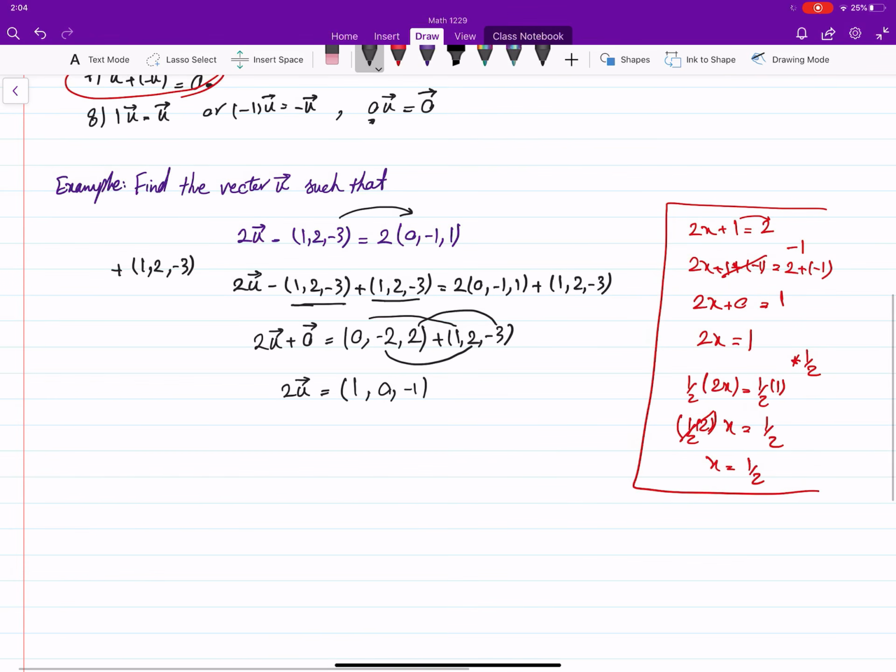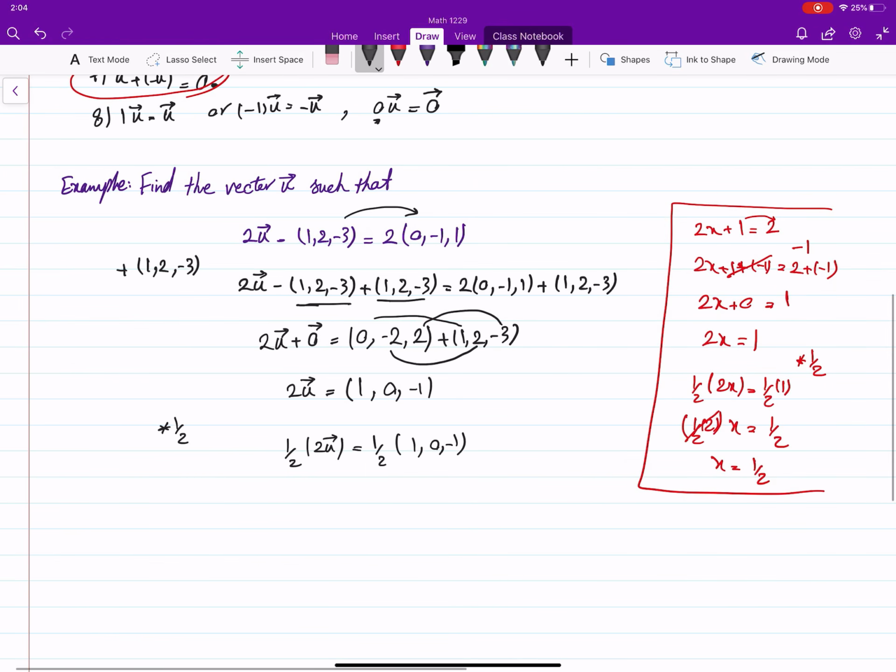Okay, I know that 2 times u is equal to (1, 0, -1). To get rid of that 2, I multiply both sides by half. So I will have half of 2u is equal to half of (1, 0, -1).